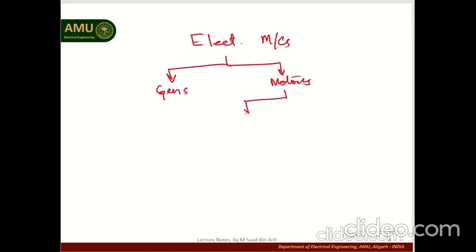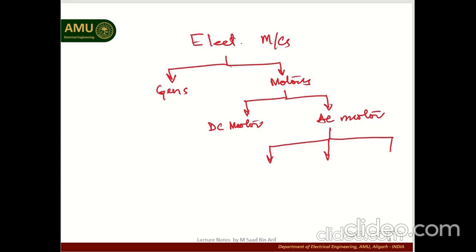Motors can further be classified as DC motors and AC motors. AC motors can further be classified as follows.